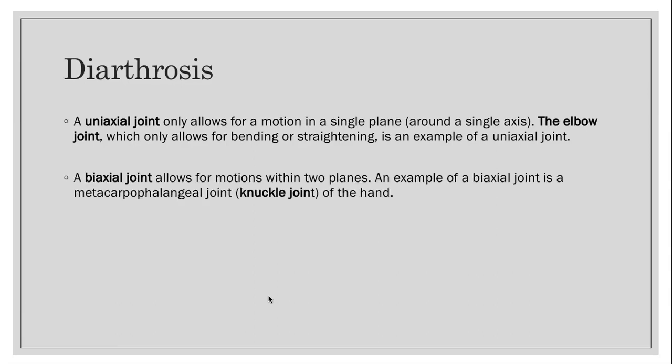A biaxial joint, look at your knuckles, they can move in two planes. You can think of moving your knuckles by closing your fingers and bringing your fingers down to your palm, but you can also spread your fingers away from each other and bring them back. So they move in that plane and also in the plane of closing your hand itself.